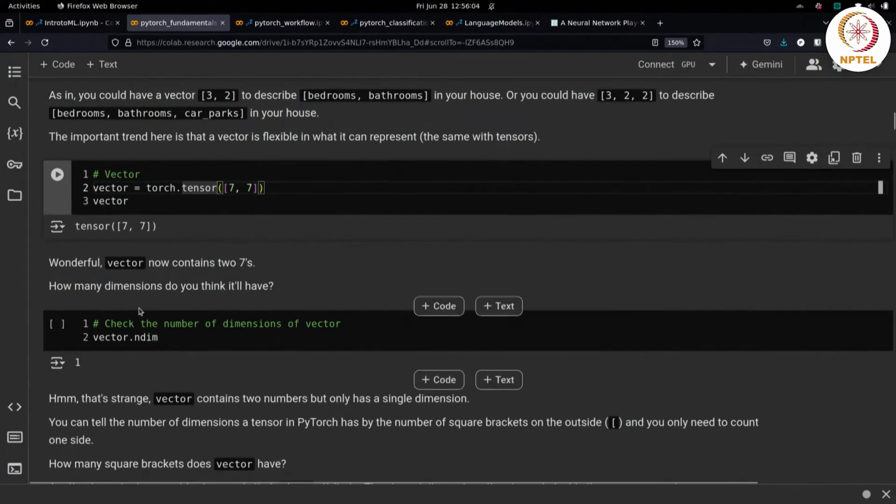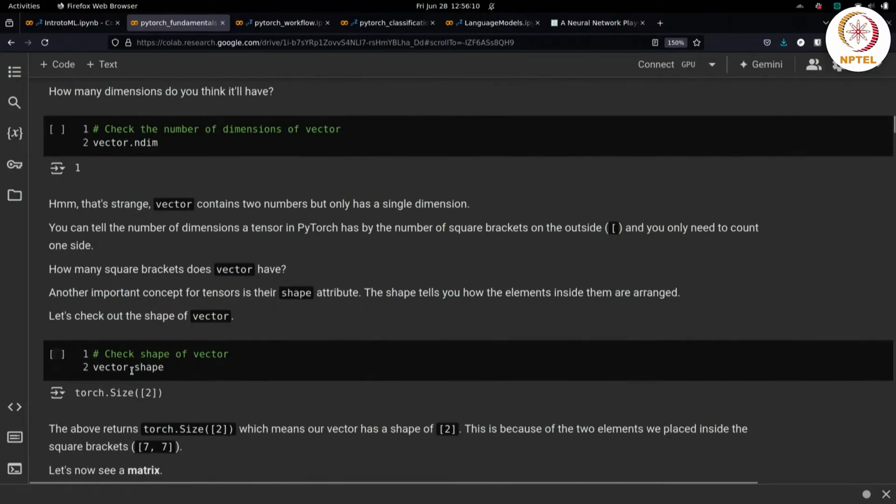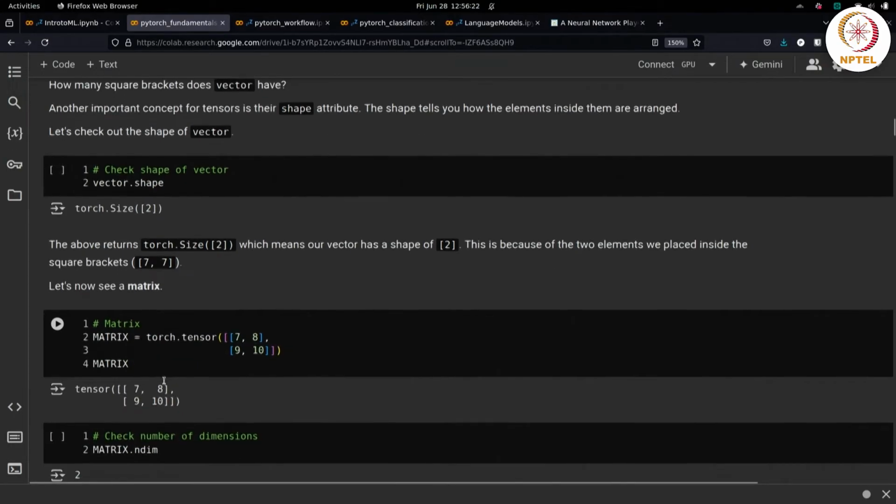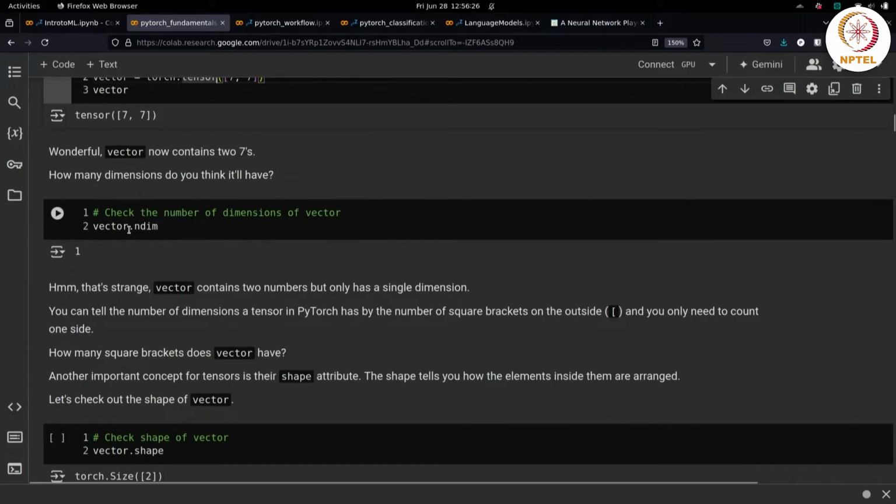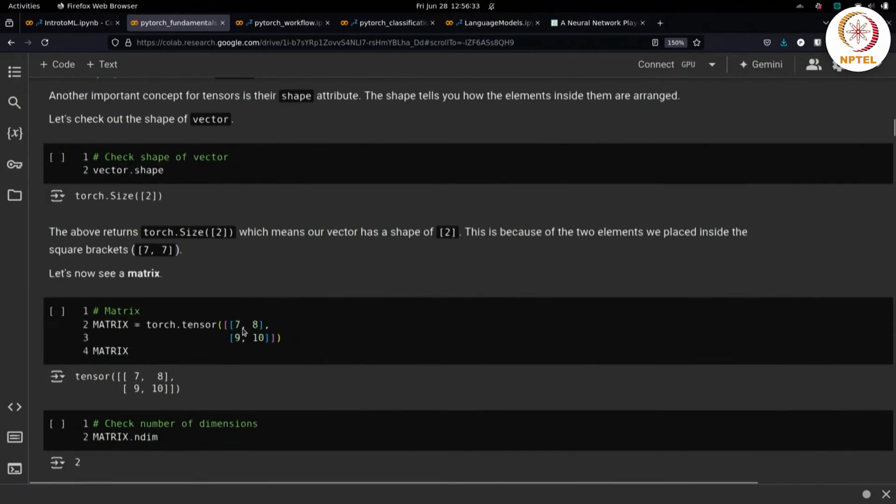And if you check the dimension of this vector, it is 1, right? Like the number of dimensions, there is also shape. If you print the shape of a vector, it will tell you the exact shape of the vector, or any tensor for that matter. So .shape and .dim are basically properties of any tensor object, right?